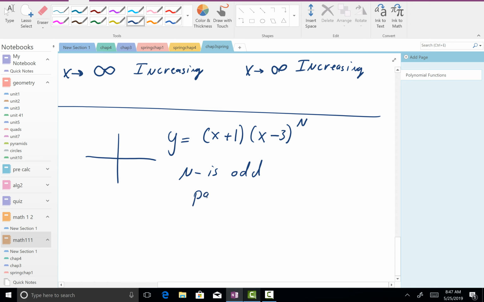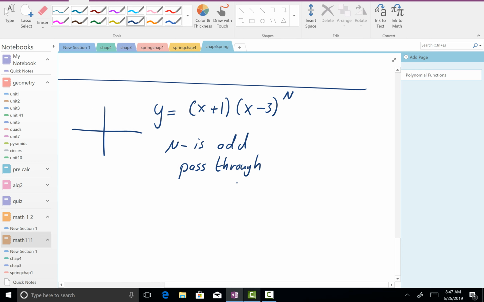So in other words, right here at 3, it doesn't really matter what's happening in these other places, okay? So this would be like a plus 1 that's going to pass through it.